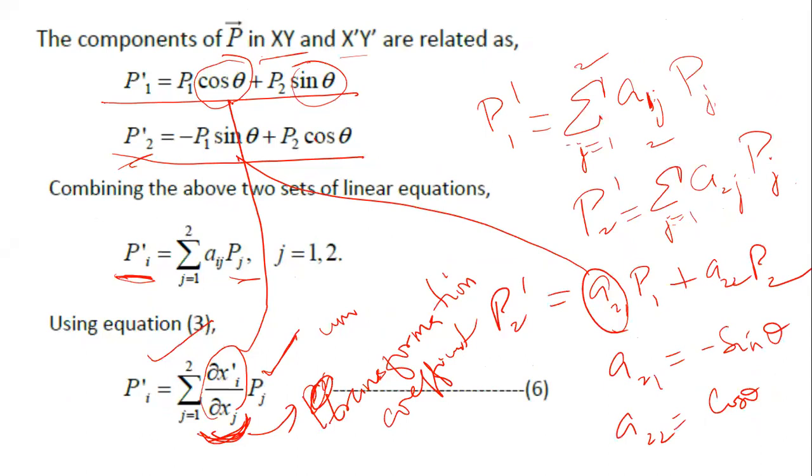So the transformation coefficient involves direction cosines or partial derivatives, whichever you prefer.